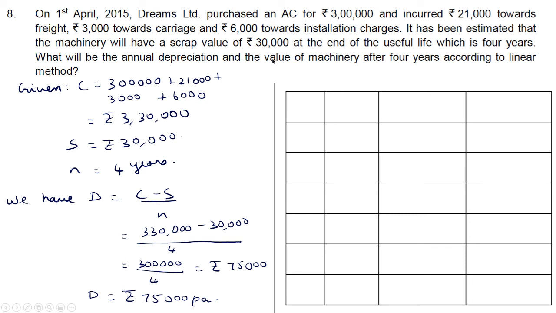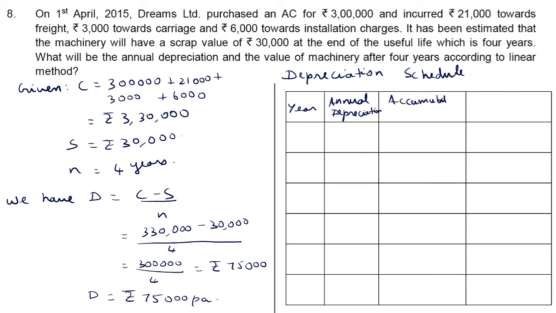We can write directly. So to understand depreciation schedule, for this problem alone I am writing depreciation schedule. So the depreciation schedule is given by, here we have year, and then here we have the annual depreciation, and then accumulated depreciation, and then the book value.